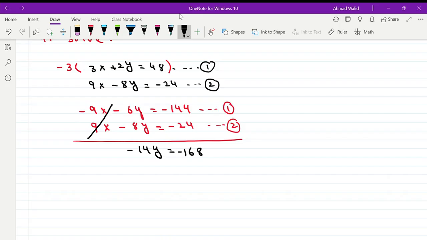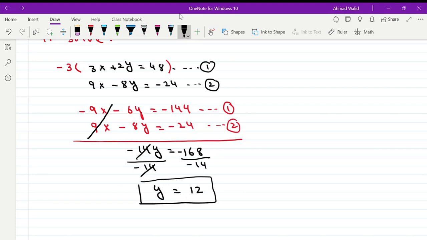Correct? Now divide both sides by negative 14. These two cancel out. y equals 12. Correct? Negative over negative gives you positive 12.